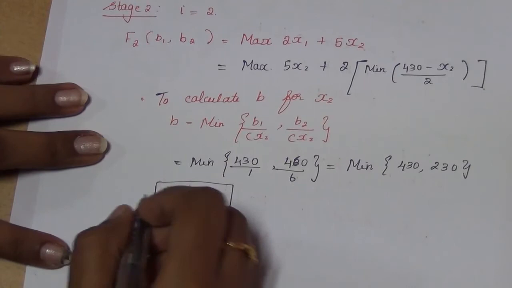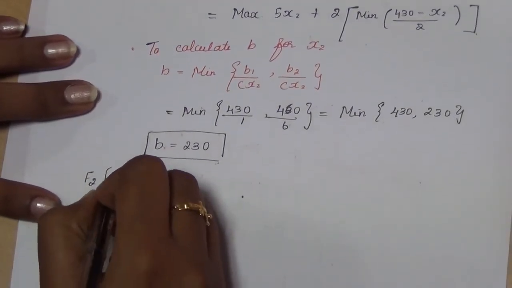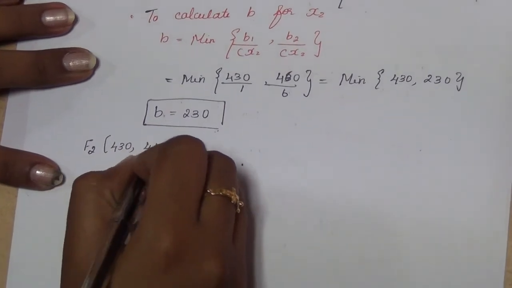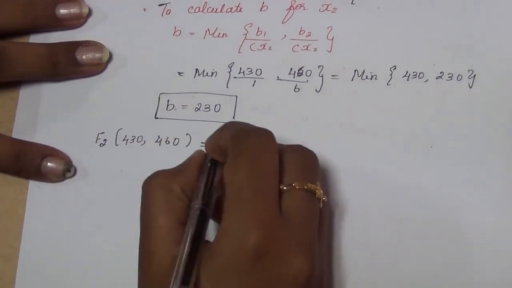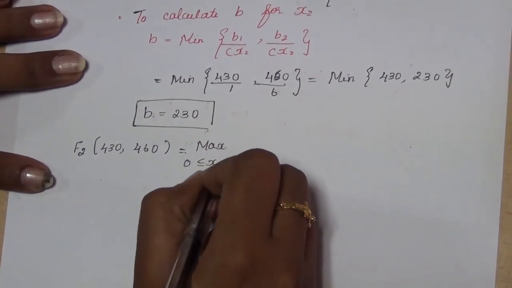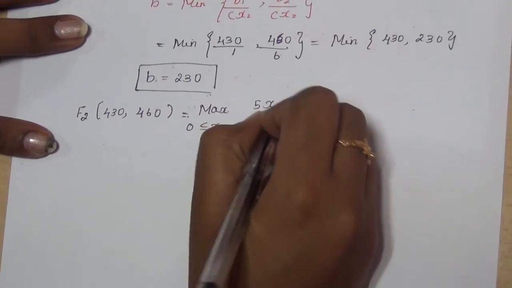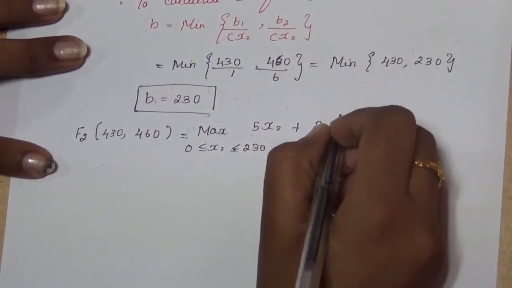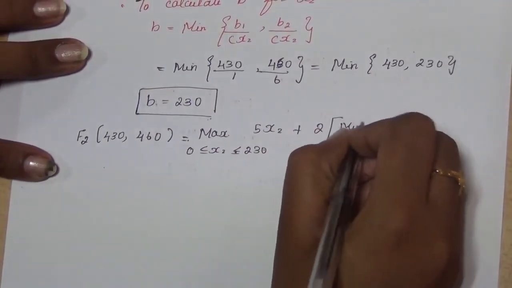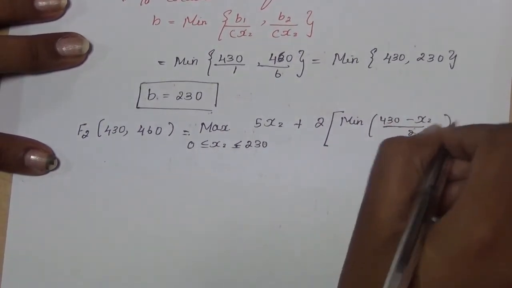Now let's substitute in the function we have found. f2 of b1 value 430 comma 460 is equal to the maximum, where the limit varies between 0 less than or equal to x2 less than or equal to 230, of 5x2 plus 2 into the minimum of 430 minus x2 by 2.